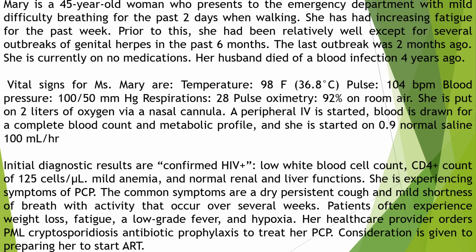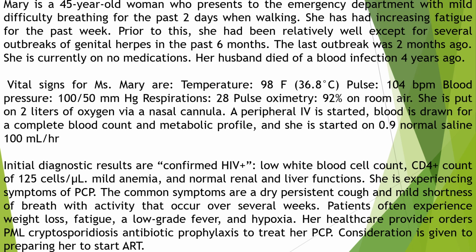She is currently on no medications. Her husband died of a blood infection 4 years ago. Vital signs for Ms. Mary are temperature 98 degrees Fahrenheit, pulse 104 beats per minute, blood pressure 100 by 50 mmHg, respirations 28, pulse oximetry shows 92% on room air.